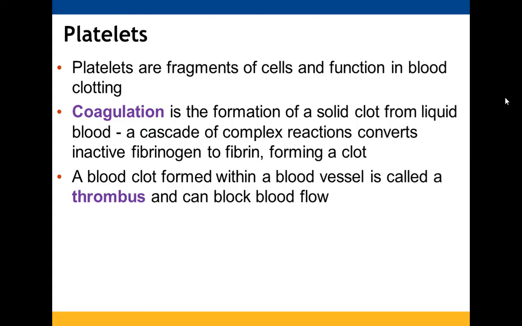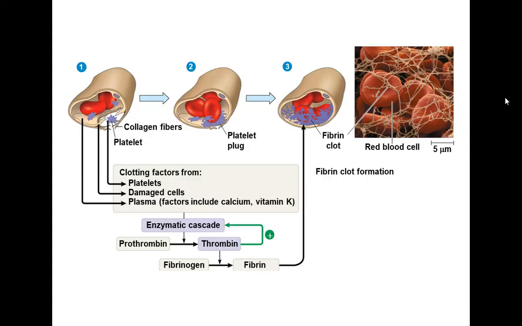And that's all good and well if you have an injury or something that you need to heal. Where we don't want these blood clots to form is within your blood vessels, because then those clots can travel to your arteries and or to your aorta and cause a lot of trouble. So they can form thrombosis, and we don't want those.